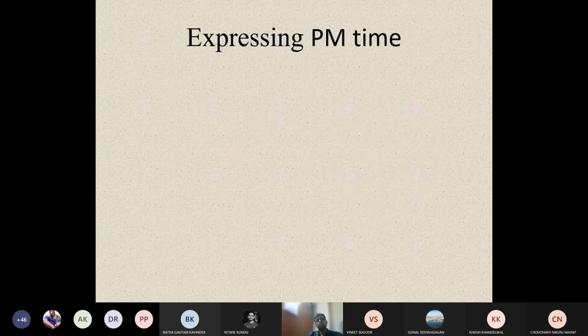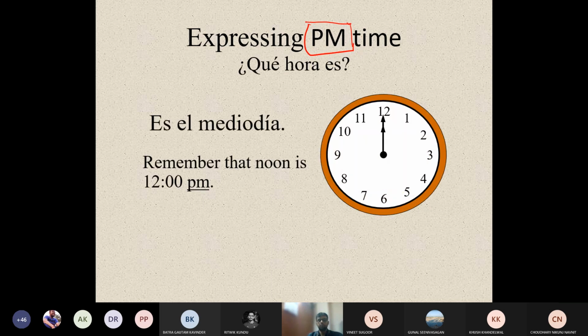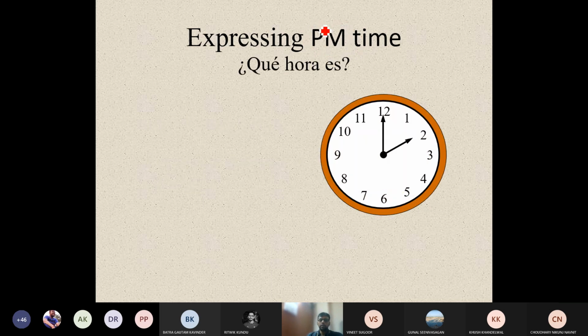Then we come to the next part, which is PM. In English, when we talk of PM, it actually covers three durations of a day: afternoon, evening, and night time.